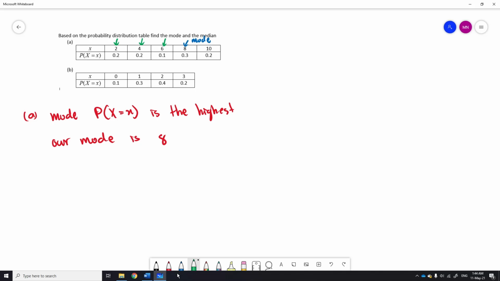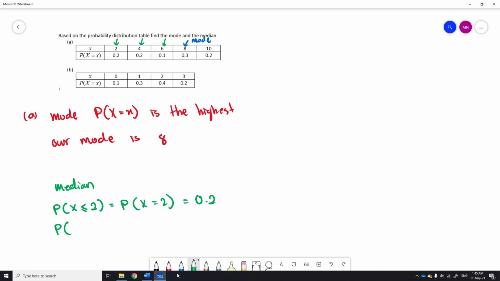So we write down the probability of x less than or equal to 2. X less than or equal to 2 means probability of x equal to 2, so that is 0.2, not 0.5 yet.